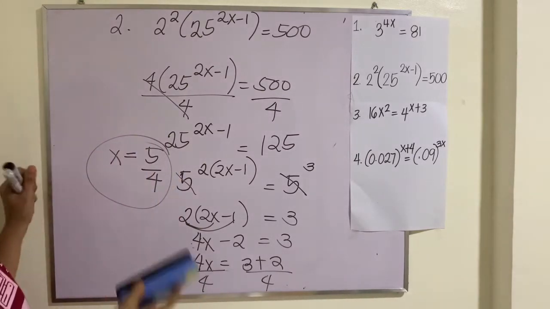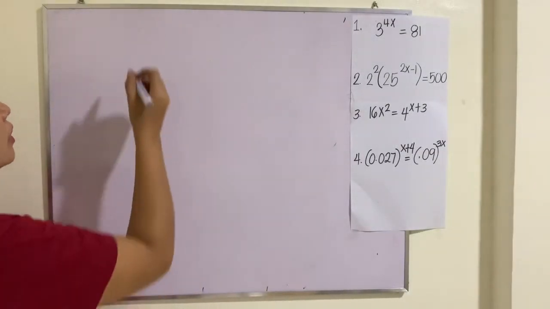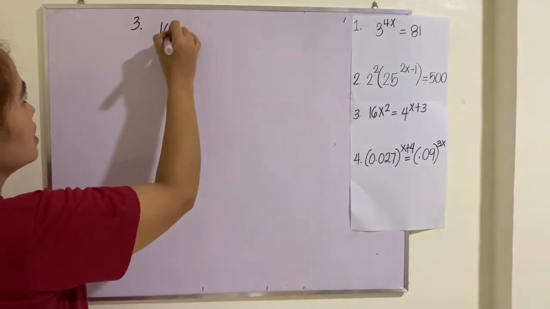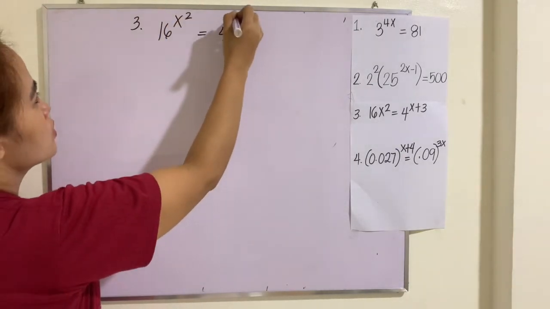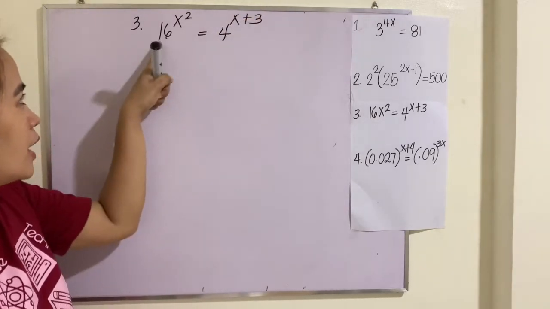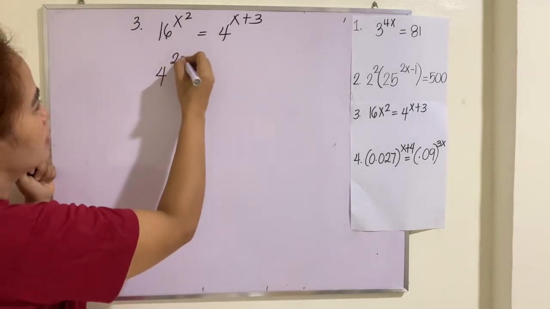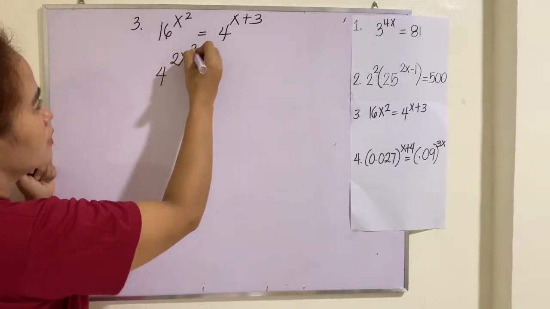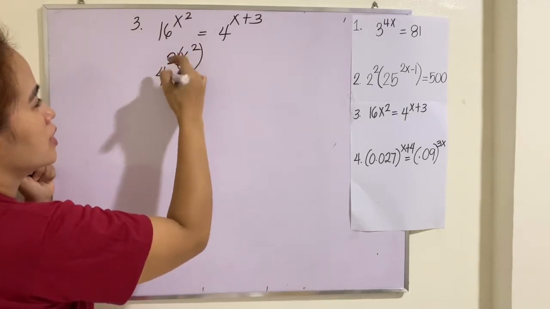Let us move to example number 3. We have 16 raised to x squared equals 4 raised to x plus 3. So we can rewrite this as base 4. That is 4 squared raised to x squared, which is multiplication of exponents, of course. 4 squared is 16.